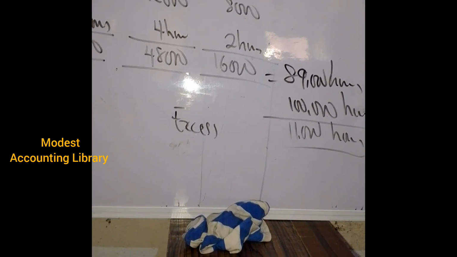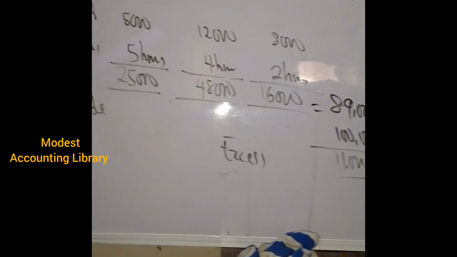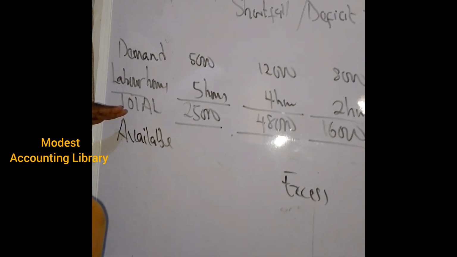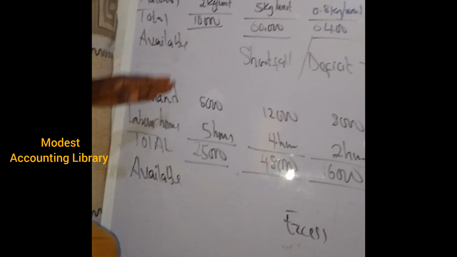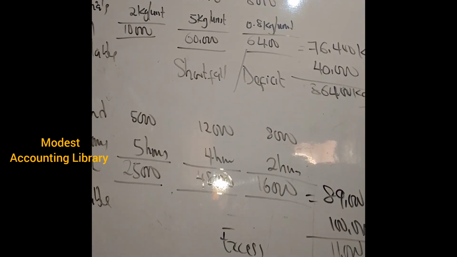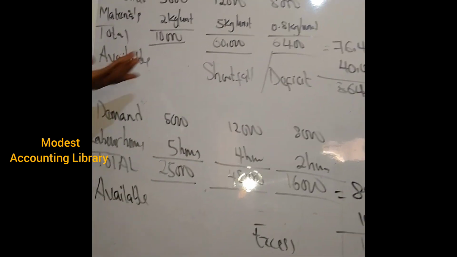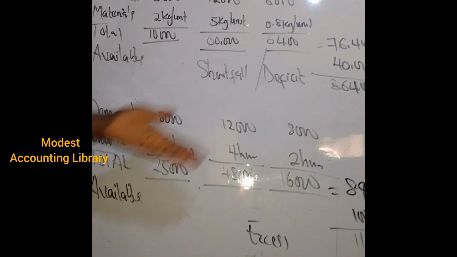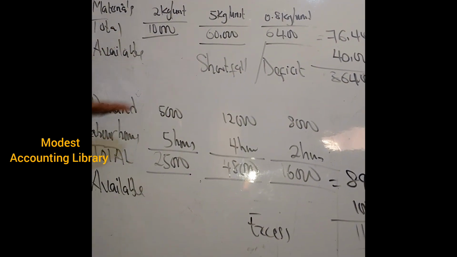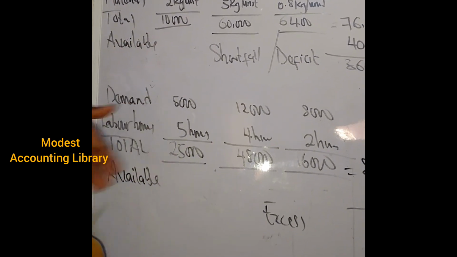So looking at both computations, the computation for materials and computation for labor hours, obviously you would know that the limiting factor here is what? Is materials, right? The limiting factor is material. Why? Because what is available is less than what is required to complete the production. But for labor hours, what is available is even more than what is required.